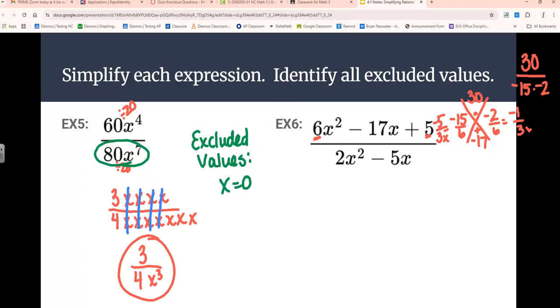X's go with the stuff in the bottom. So I'm going to have 2x minus 5 over 3x minus 1. Most of them will be easier than this, but you will run into a few where you have a factor like that. What about the bottom?